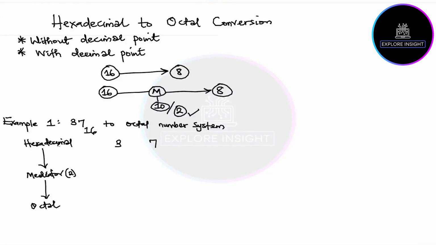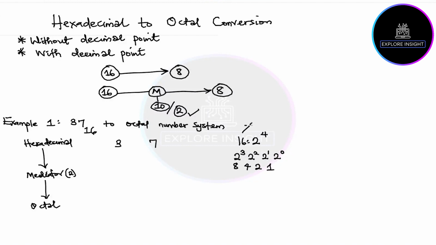For us to get the relationship between hexadecimal and the mediator, we know that 16 is what? 2 raised to the power 4. So what does that simply tell us? The highest place value will be 2 raised to the power 3. Then we have 2 raised to the power 2, 2 raised to the power 1, and 2 raised to the power 0. Now, this is 8, 4, 2, and 1.